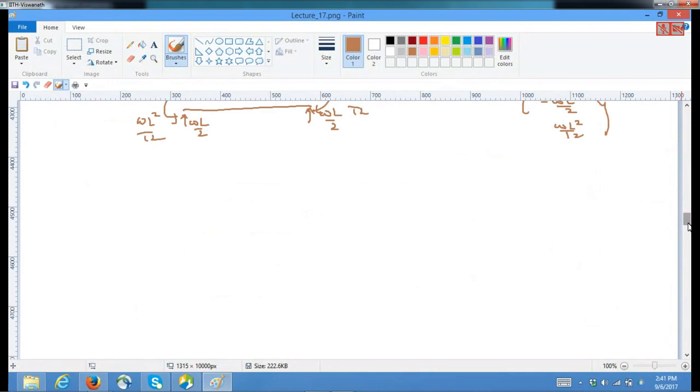And the second thing, let us use the second one. The second one is how to deal with point loads.